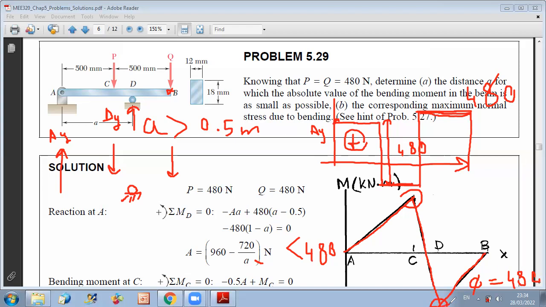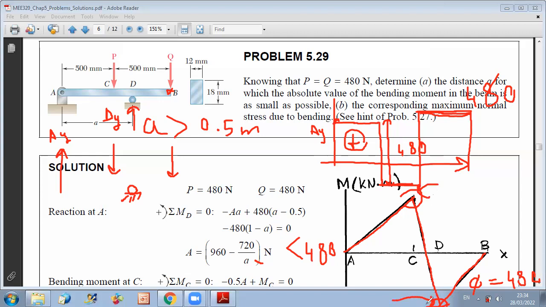Okay. Now, when we talk about the absolute value of the maximum bending moment, we should compare the maximum and the minimum. Let us find together the expression of the maximum positive moment here and the maximum negative moment here.